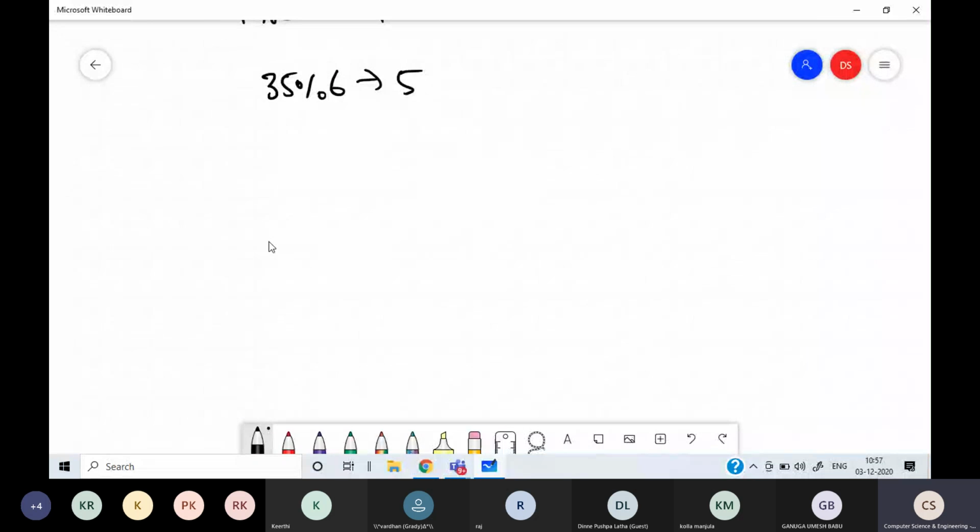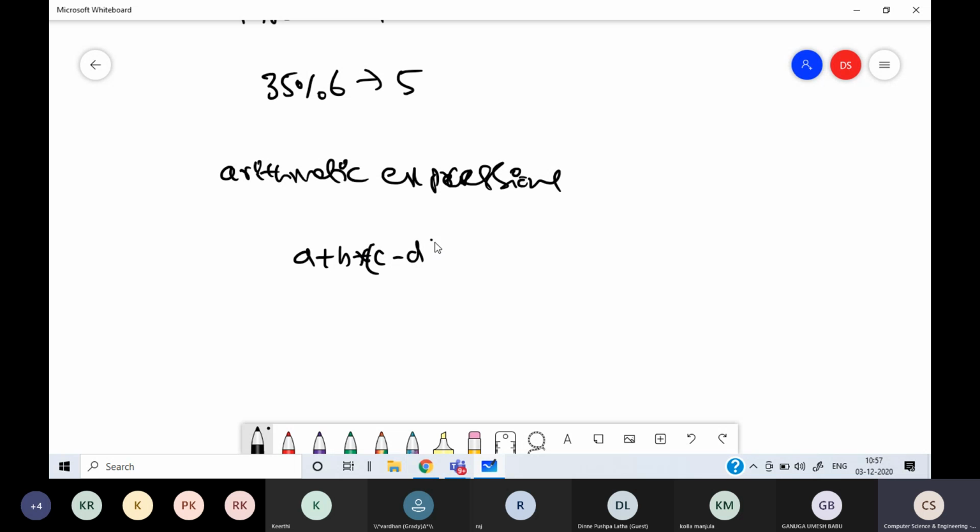Now when I have an expression, the arithmetic expression may be built with multiple operators. I may build an arithmetic expression like a plus b into c minus d divided by e percentage f, something like this. I can build the expression with so many operators.